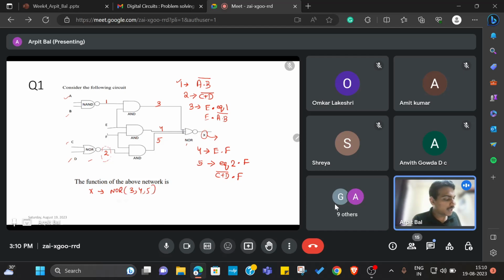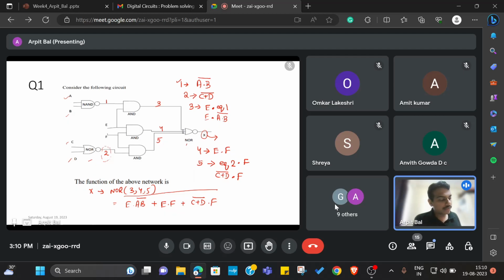So 3 we have E·AB bar, plus 4 is E·F, plus 5 is (C plus D bar)·F, whole bar. That's our output.